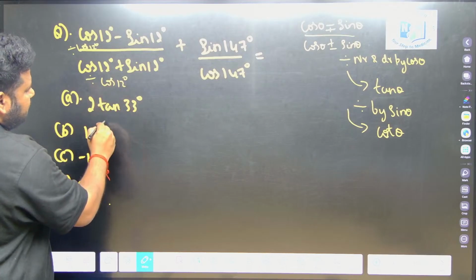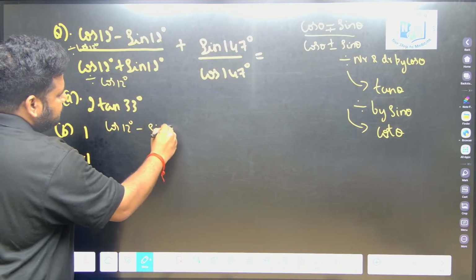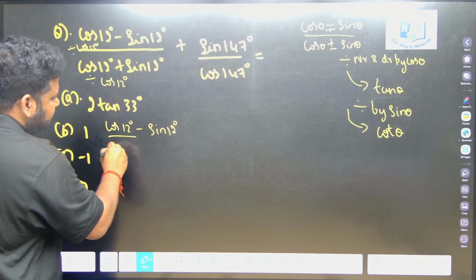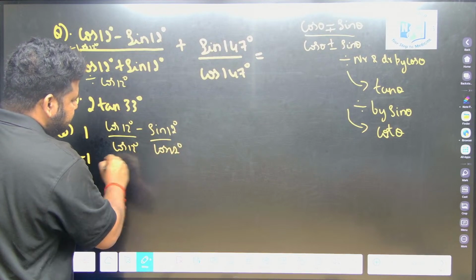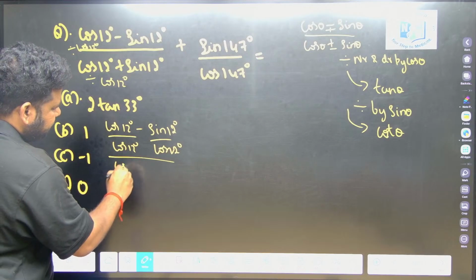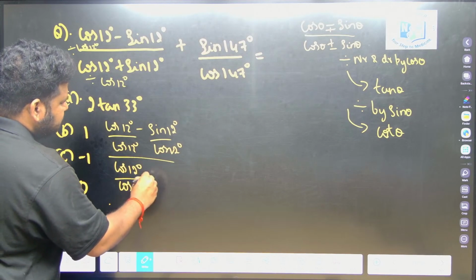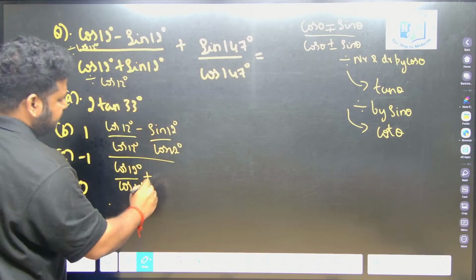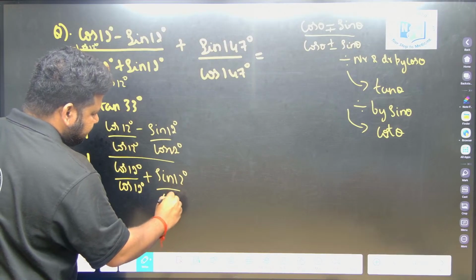This will become cos 12 minus sin 12 divided by cos 12 degree by cos 12 degree plus sin 12 degree by cos 12 degree.